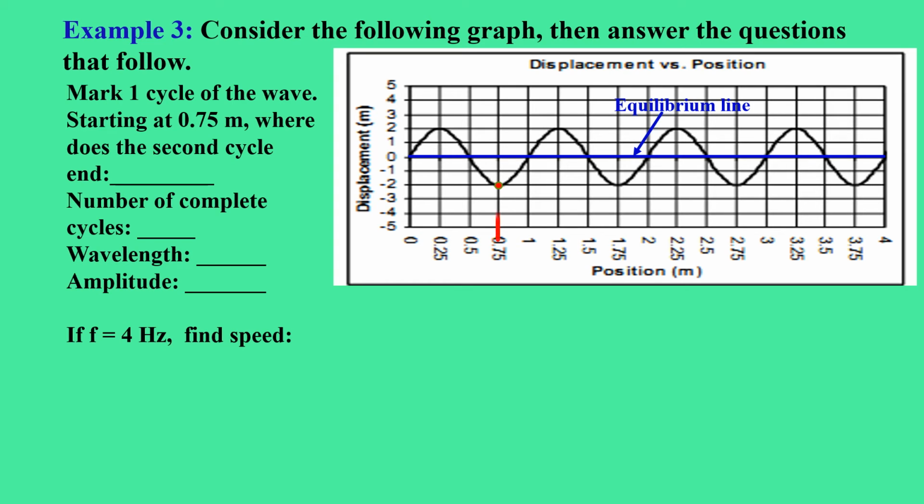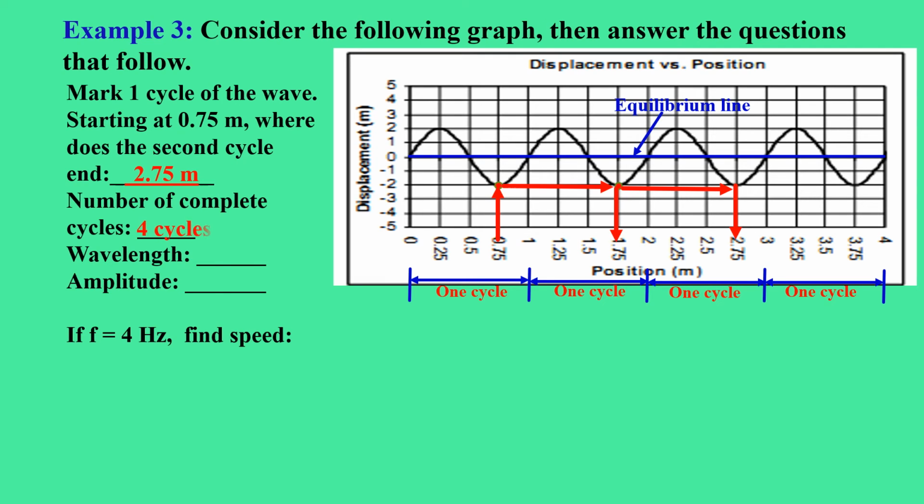So starting at 0.75, here is the first cycle, then the second cycle, which ends at 2.75 meters. Next, you are required to find the number of complete cycles. So we can start from 0 to 1 is one cycle, then from 1 to 2 is another cycle, from 2 to 3 is another cycle, and from 3 to 4 is another cycle. Therefore, there are 4 cycles.